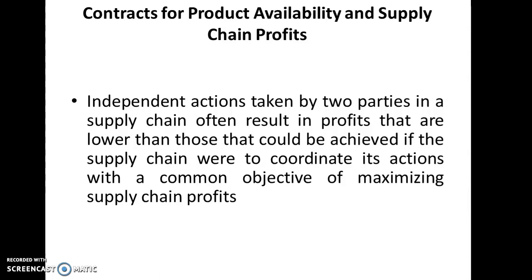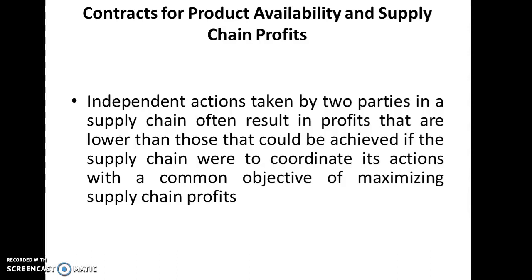If the two parties, that is manufacturer and supplier, work independently in increasing their profits, they will get some profit, but it will be lesser than if they work together with some coordination to achieve a common objective of maximizing supply chain profits.